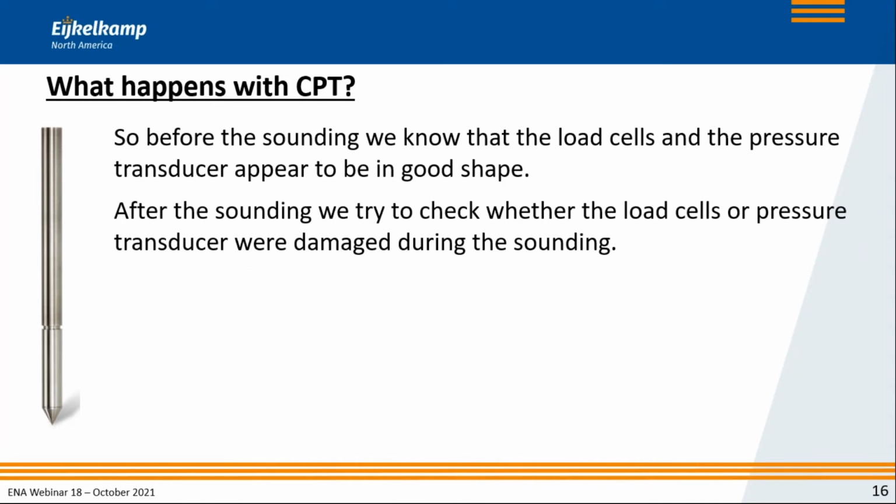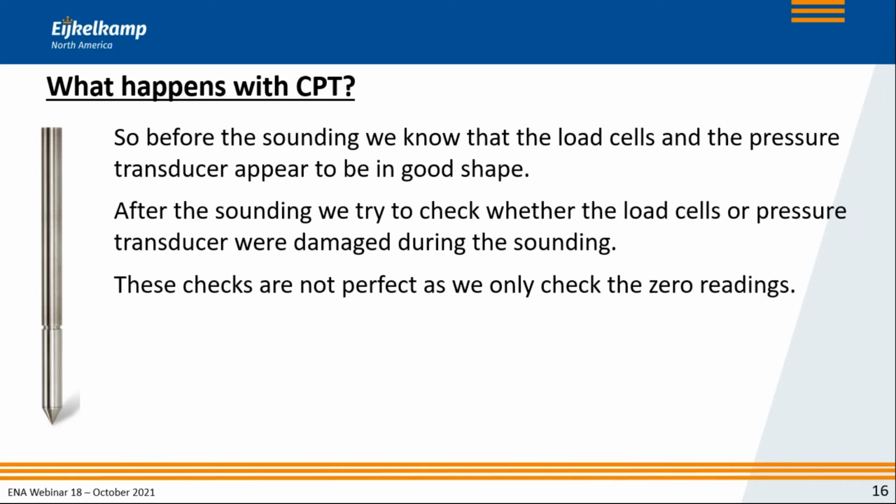And then after the sounding, we try to check. Again, not with 100% certainty, because there is a possibility that something else has happened, but at least as long as the zero readings are consistent, we think that we can say that the cone was not damaged during the sounding. Once again, those checks are not perfect because we only check the zero readings.